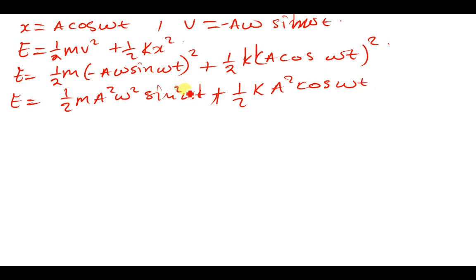Rather, this part is supposed to be squared as well, even the sine and the cos are supposed to be squared there. Yeah, so we can also change this part k.